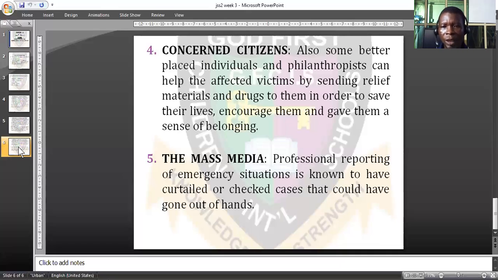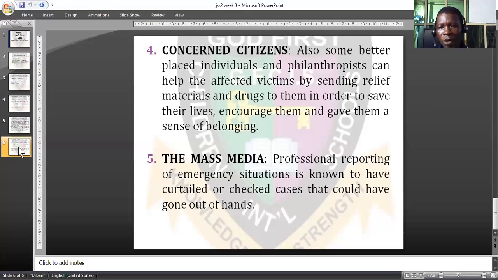There are some reporters whose job is to report emergency situations so that they can alert the government agencies responsible for the management of emergency situations, like NEMA, LASEMA, and some other government agencies like the Federal Road Safety Commission when there is an accident, and the Lagos State Traffic Management Agency.